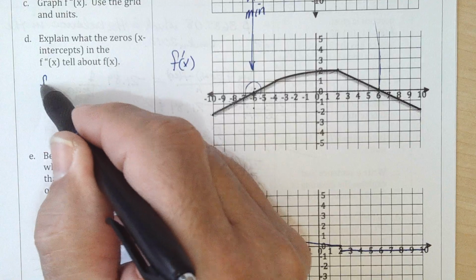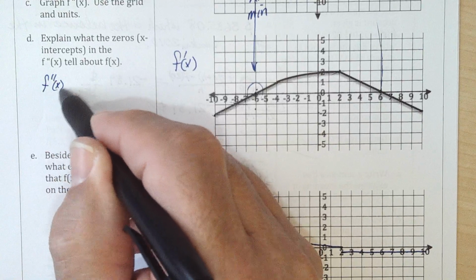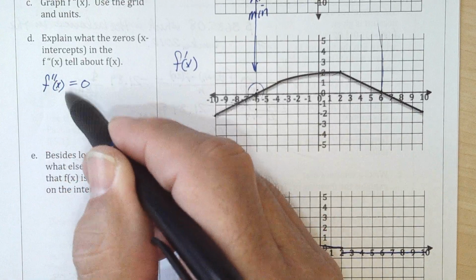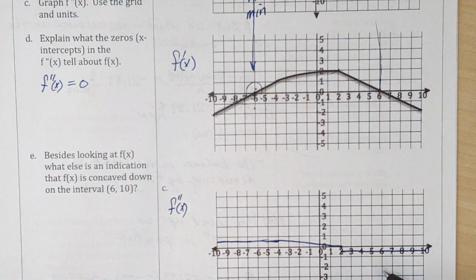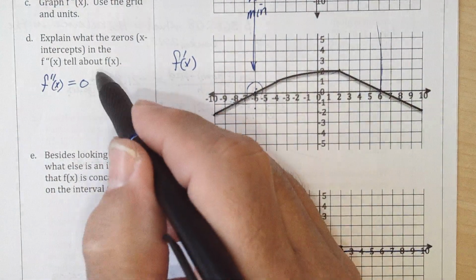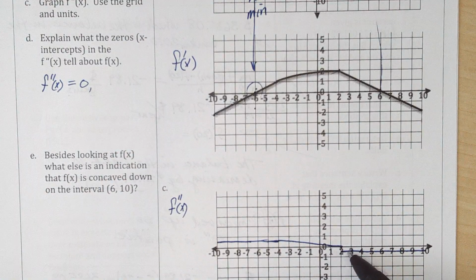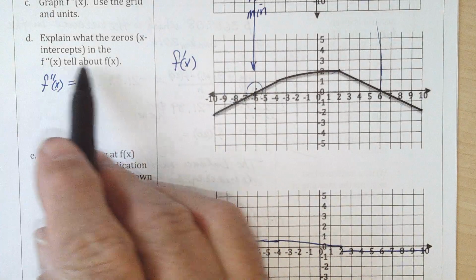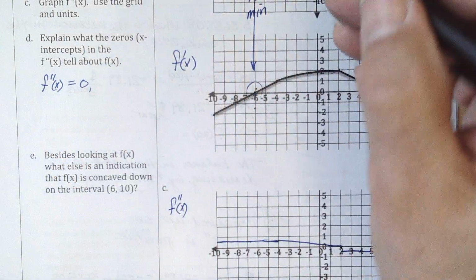Usually when f double prime of x equals zero, we have a change. Oh, actually, it does work. I'm talking about the wrong one. This hits zero. There should be a change in curvature, not in f prime, but in f.